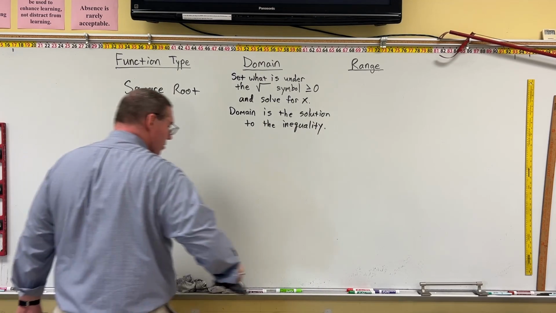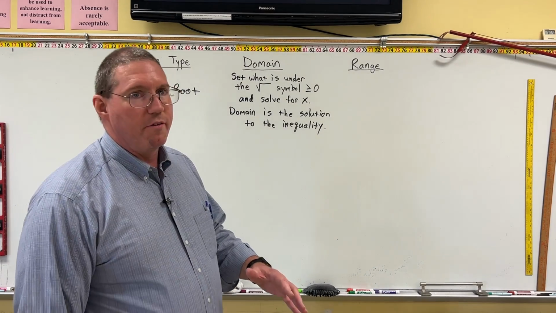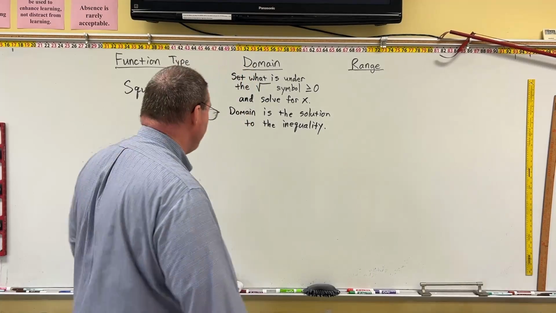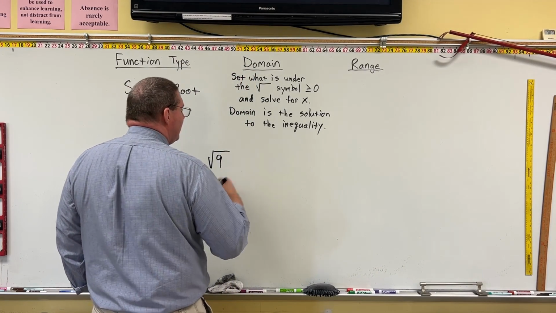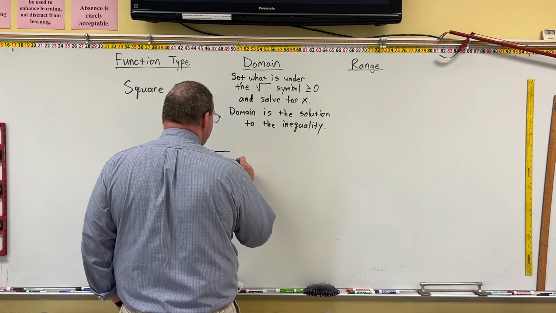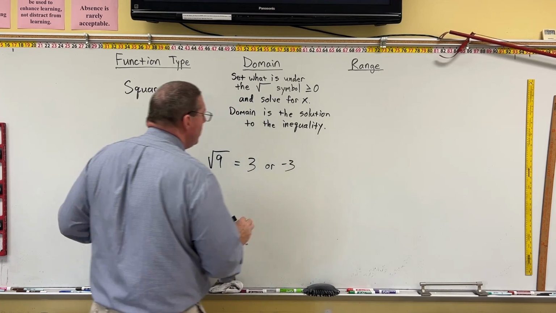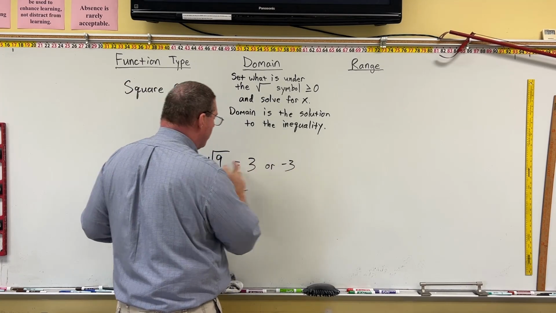But I can tell you this: when we take the square root of a number, we have a concept called the principal square root. The square root of 9 technically can be 3 or negative 3, because 3 times 3 equals 9, and negative 3 times negative 3 is equal to 9.